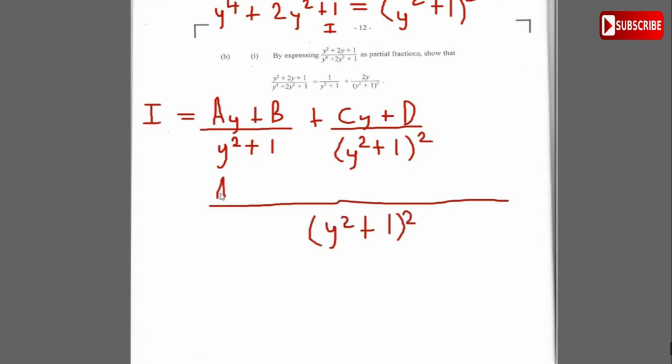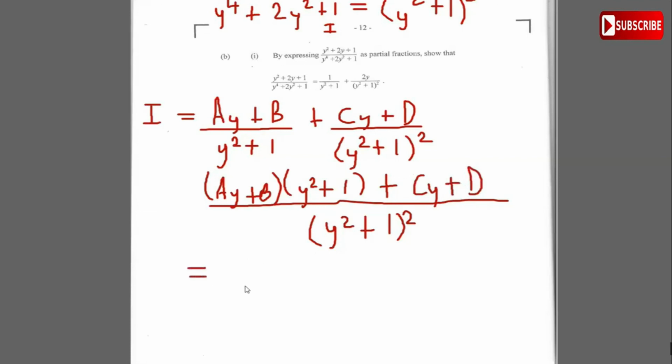So it's going to be ay plus b, and this is multiplied by y squared plus 1, plus y squared plus 1 all squared into y squared plus 1 all squared is just cy plus d. That's what we have. Nice.